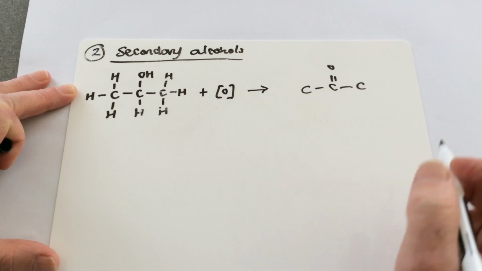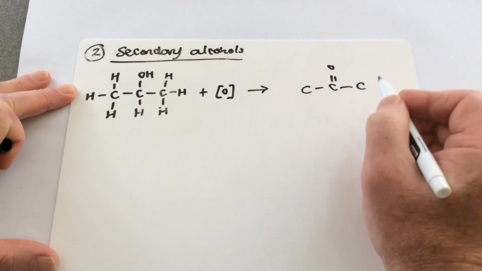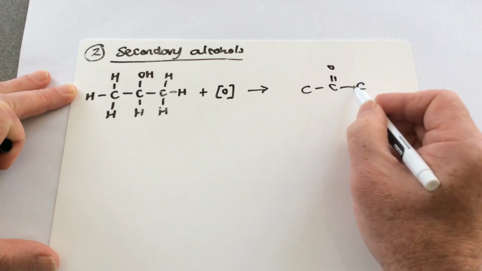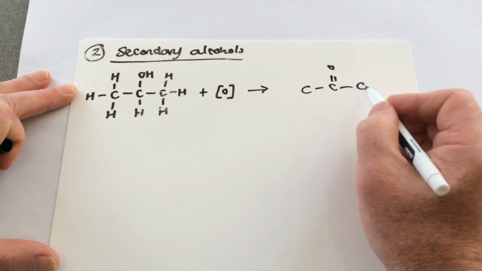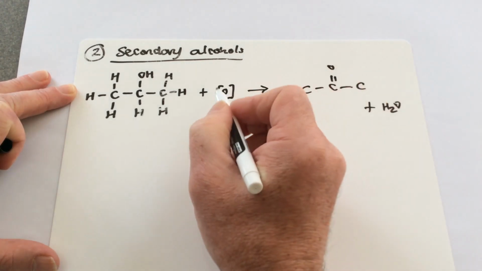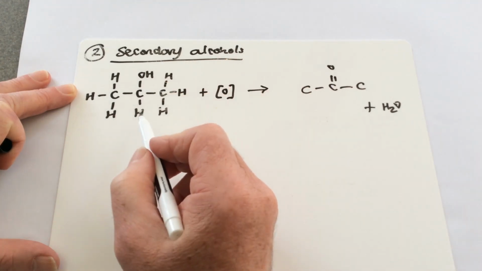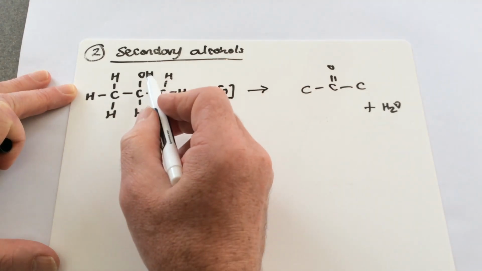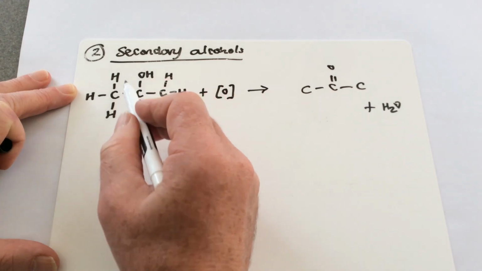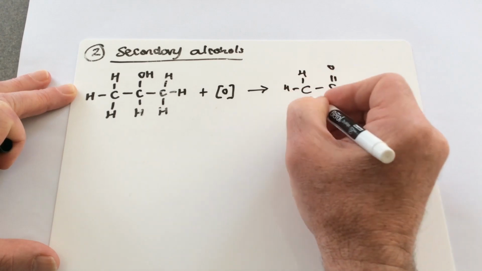It's similar to an aldehyde in terms of the carbon-oxygen double bond, but there's no hydrogen here. We've got the extra carbon atom. We still make water because the oxidizing agent removes the hydrogen and the hydrogen from the central part of the molecule. The rest of the molecule is unchanged.